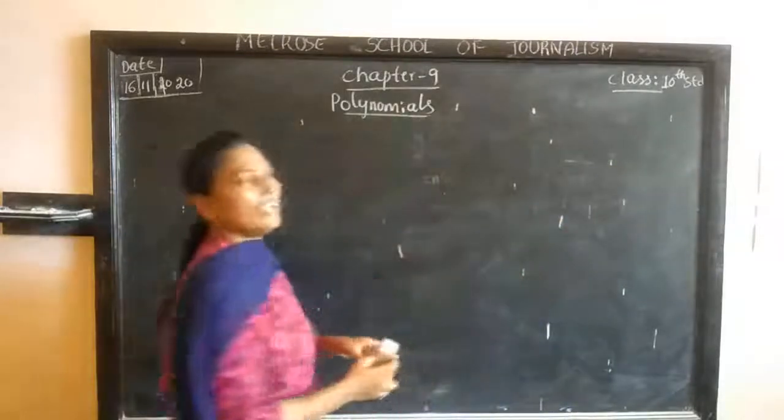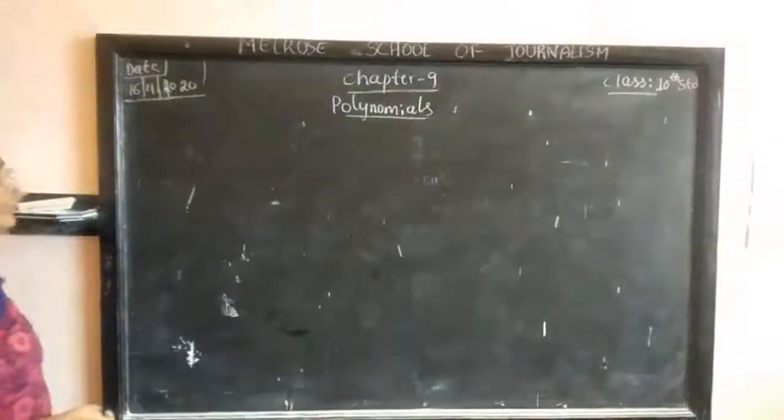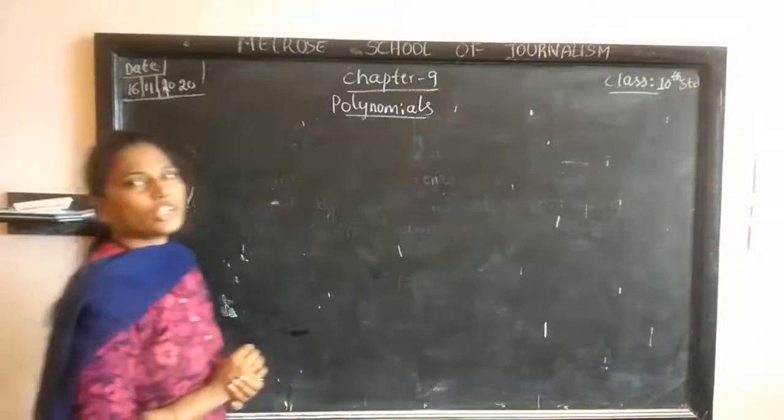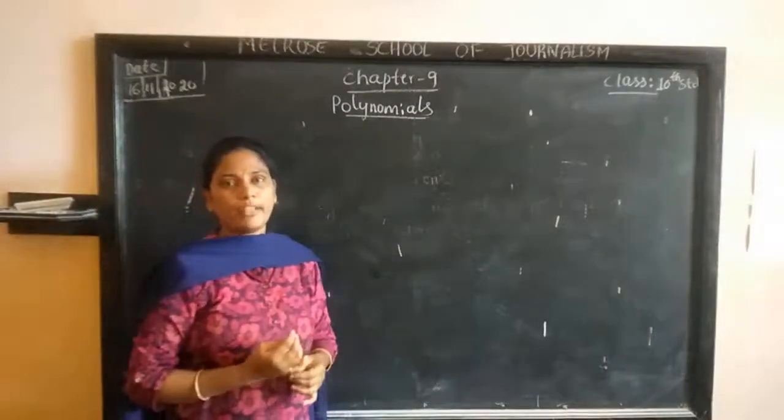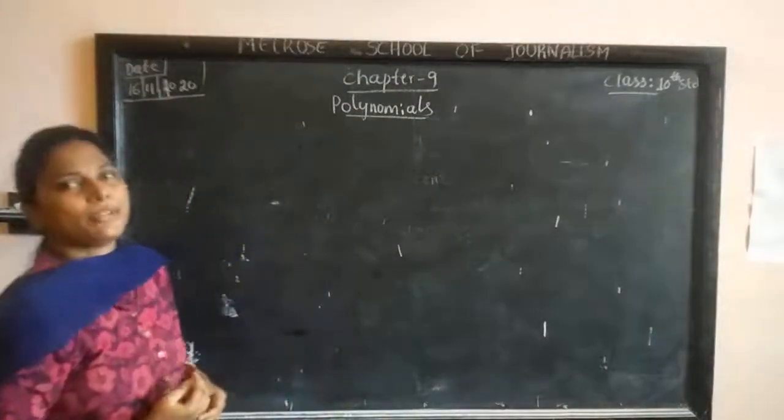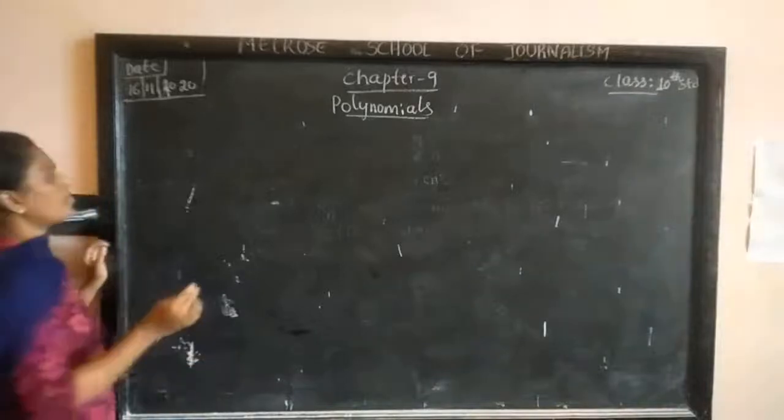How are these expressions divided? It is divided based on the power of the variable. The highest power of the variable is called the degree of the polynomial.